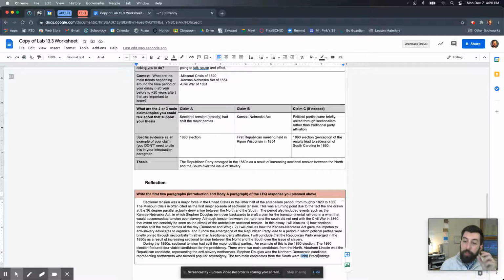So the APUSH graders are not picky enough to nail you if you get somebody's first name wrong, right? So just go for it and try and cite the people, even if you can't remember exactly who they are. So we're John Breckinridge, who was the candidate of the Southern Democrats, and John Bell, who was the candidate of the Union. Yes, the Union Party.